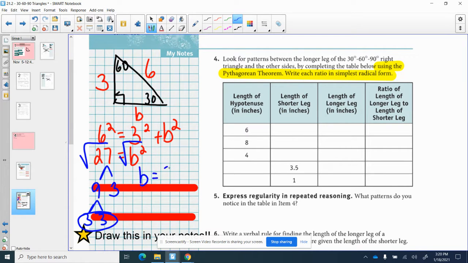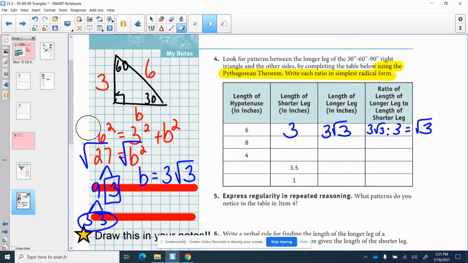So b would equal 3, with a 3 left over inside the square root, so square root 3. Okay, so the shorter leg is 3, and the longer leg would be 3 square root 3. Now the ratio of the longer leg to the shorter leg, 3 square root 3 compared to 3, we notice this root 3 involved.